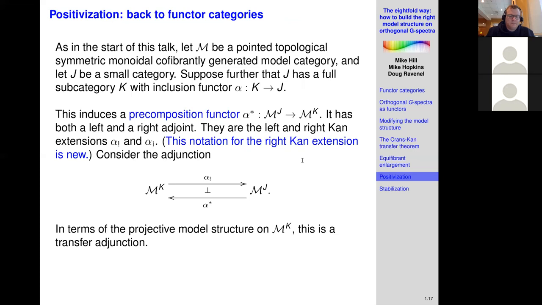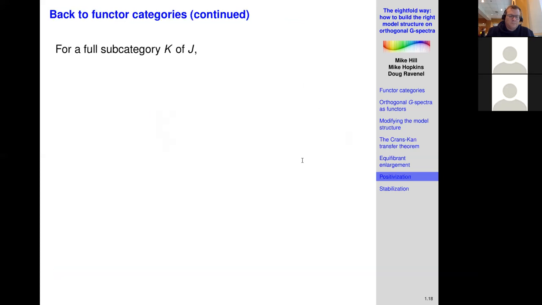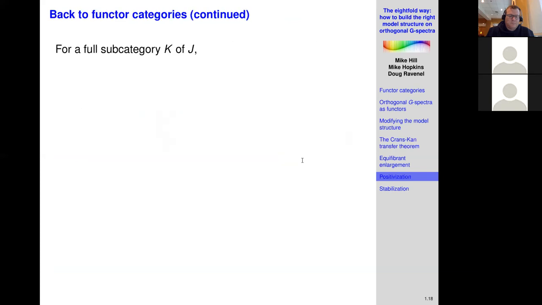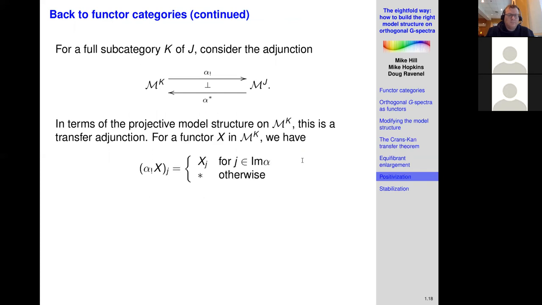So I can use it to take the projective model structure on M^K and get a model structure on M^J, which is different from the one I started with. And I will say now how it differs from the one I started with. Let me point out something about this left Kan extension alpha shriek.